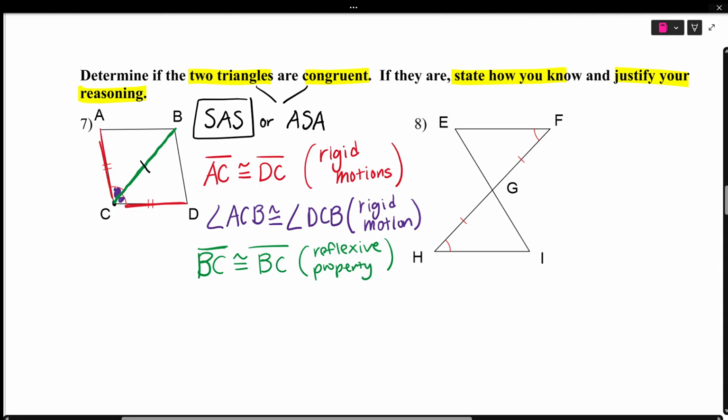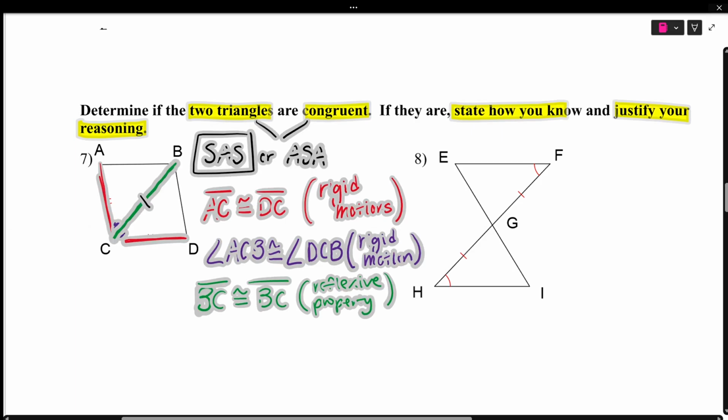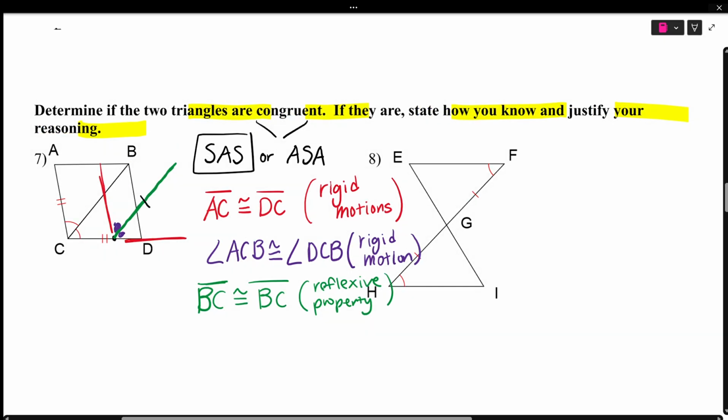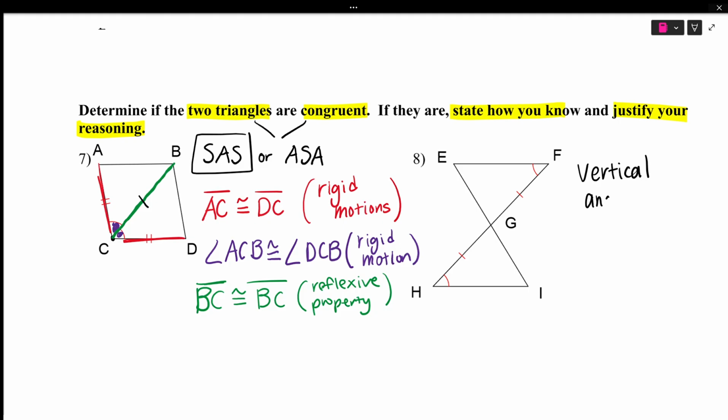Okay. Try out 8, 9, and 10. I will say, in number 8, you need to remember what vertical angles mean. You have to remember the definition of vertical angles. I'm not going to show you how to use it in number 8, but I'll give you an example.